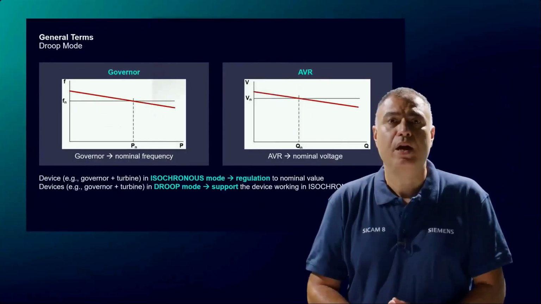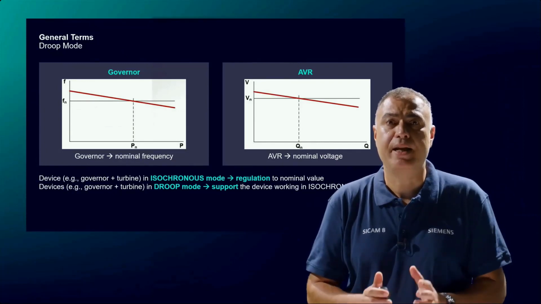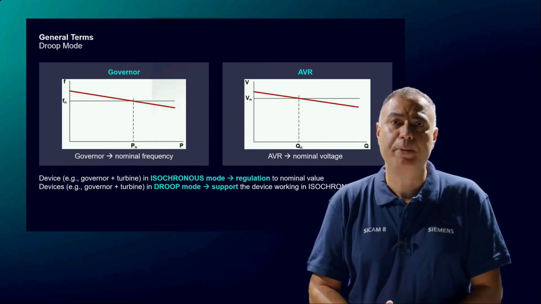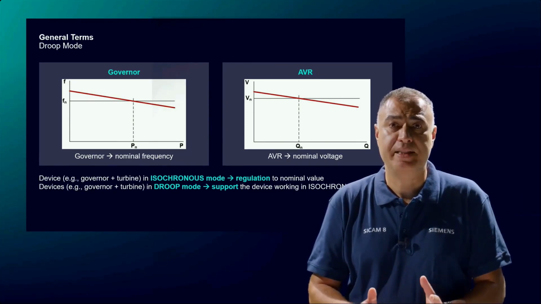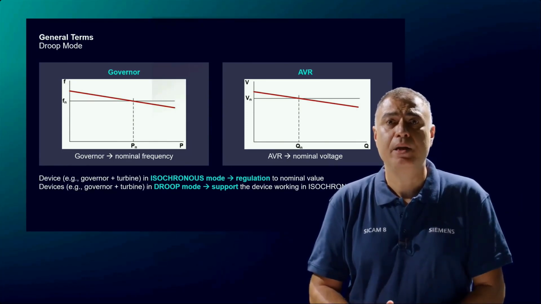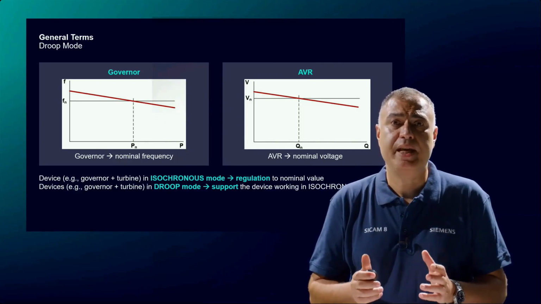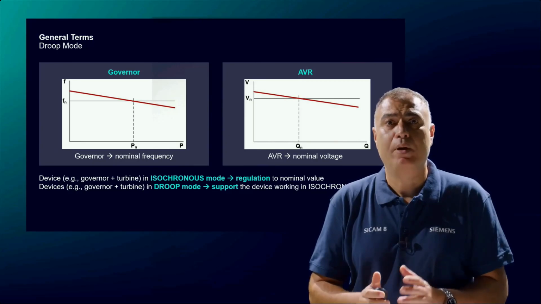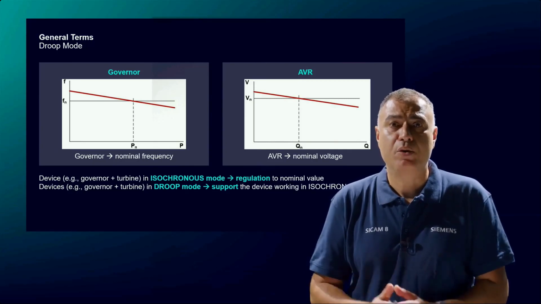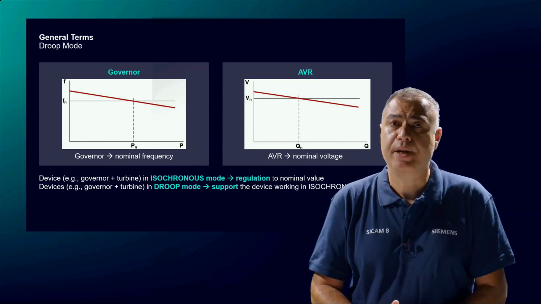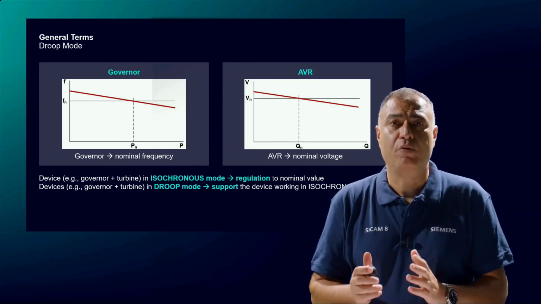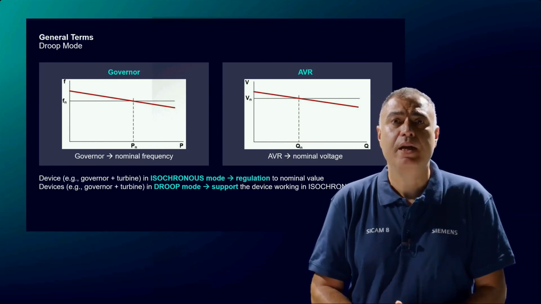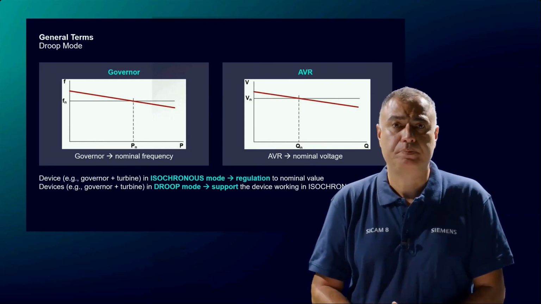In this scenario, a possible governor working in isochronous mode would bring the frequency back to the nominal value. As you can see by the second diagram, the principle is the same for the AVR. The steeper the droop curve, the more the generator will support other generators. The advantage of the droop characteristic is that several primary controllers can work in droop mode.